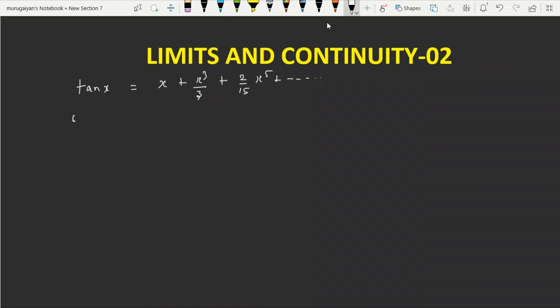This is the infinite series form of tan x. Sometimes we can use x cot x. x cot x is 1 minus x square by 3 minus x power 4 by 45 plus etc. Then secant x is 1 plus x square by 2 plus 5 by 24 x power 4.